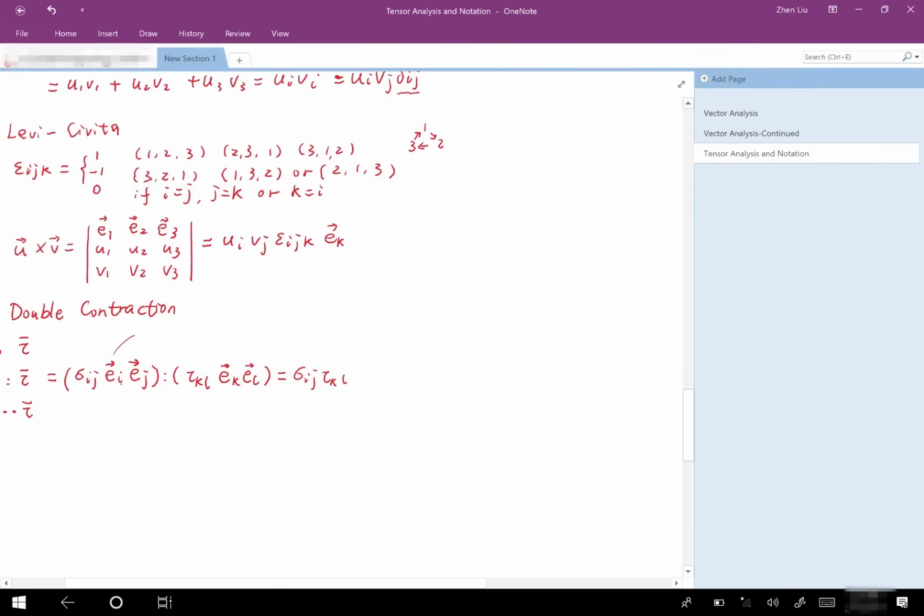Let's call e_i the first one in the first tensor, and e_j the second one in the first tensor. And e_k is the first one in the second tensor, and e_l the second one in the second tensor. So if we write the double contraction this way, then we will have contraction between the first one and the second one.